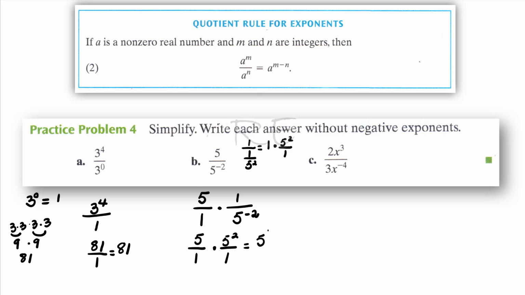So the answer is 5 to the third. And 5 to the third is 125. 25 times 5, which is 125.